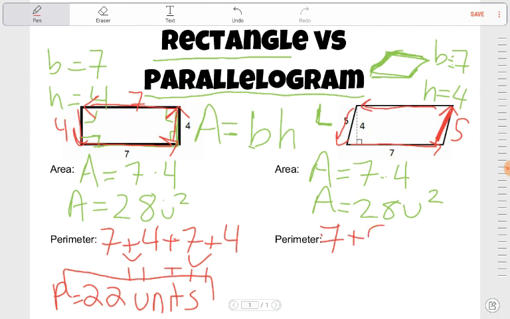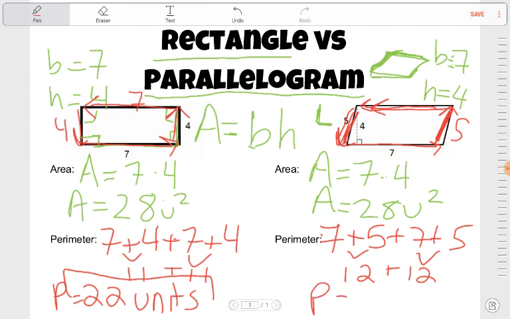So it's 7 plus 5. I continue going around my shape here. There's another 7, and then down our slanty side, which is 5. So that's the only thing that's different here. 7 plus 5 is 12. 12 plus 12, and here I'm going to get that our perimeter is 24 units.